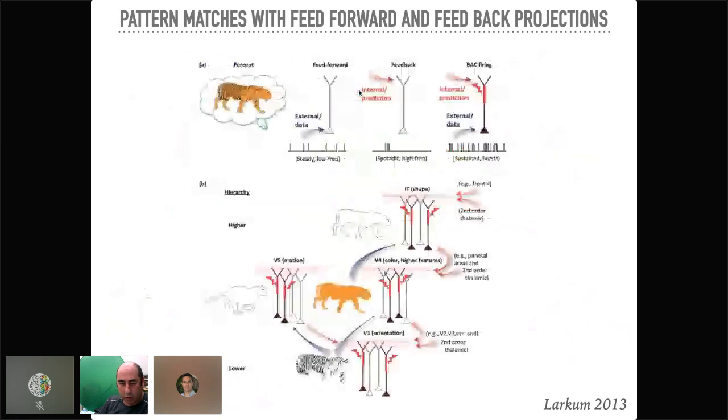And Matthew Larkum wrote a very nice review about that, showing that, for example, you can think of the way that the brain integrates information as constantly pumping in feed-forward input to the lower layers, that combines with input from higher visual areas, for example, in this case, that process motion and project back to V1 to the apical dendrites.